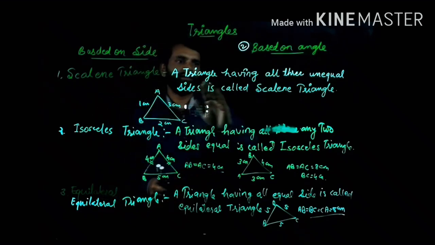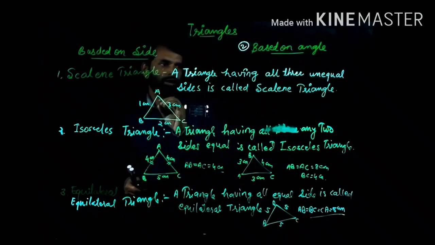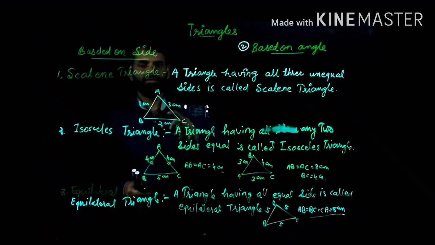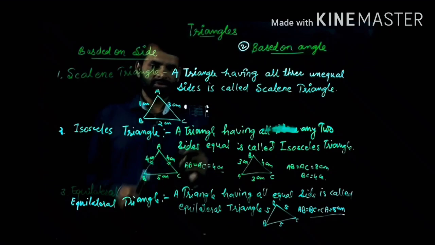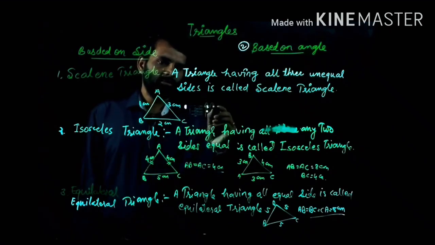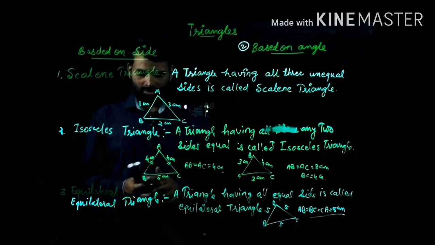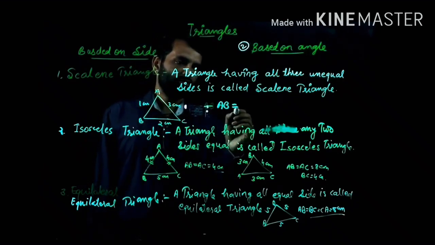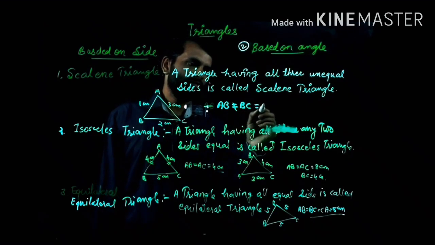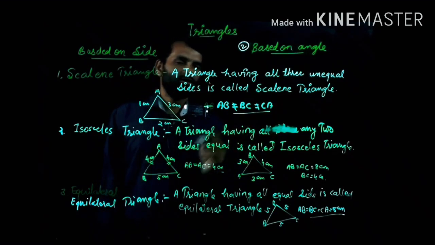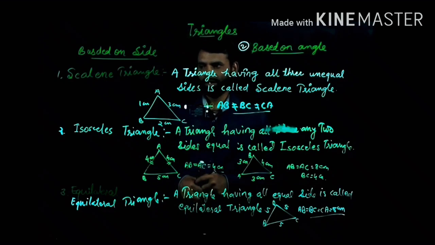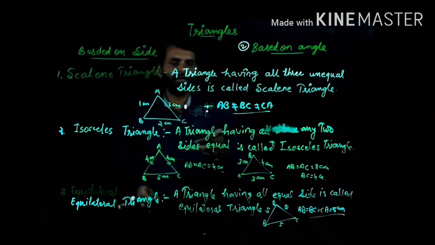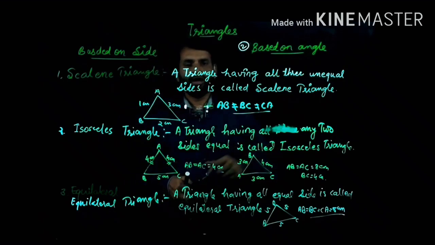A scalene triangle is a triangle having all three unequal sides, meaning the measurements of the three sides are not equal. We will write that AB is not equal to BC and not equal to CA. All sides are not equal. And second is the isosceles triangle, a triangle having any two sides equal.